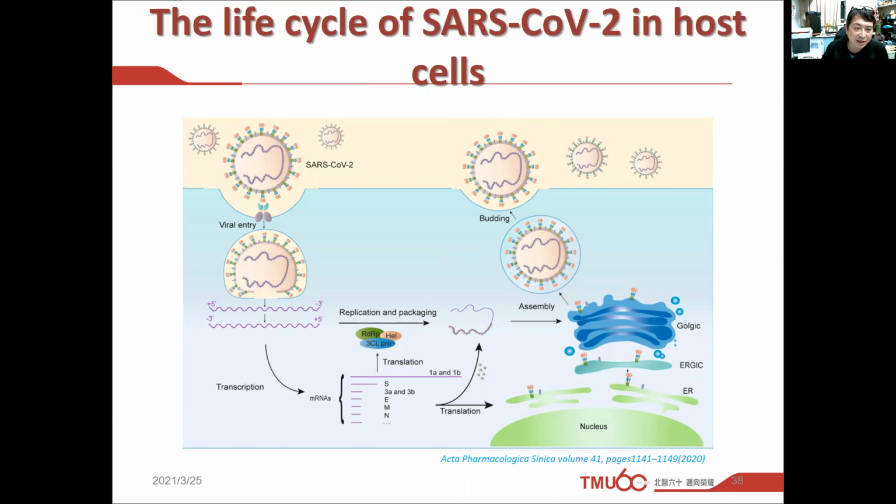The endosome contains a lot of different enzymes under a low pH environment, which activates those proteases, which will disintegrate the protein, E-protein, and membrane protein, eventually exposing their genome.